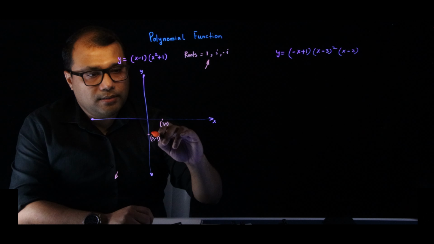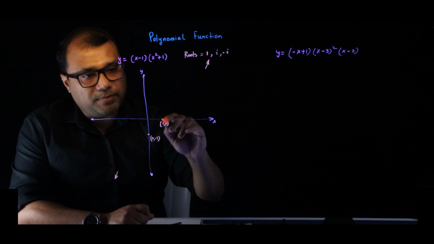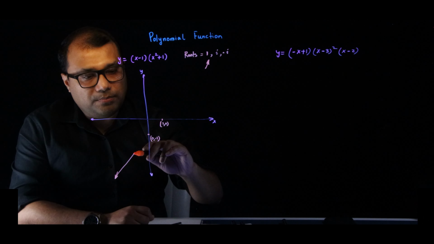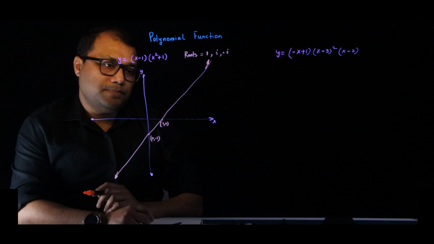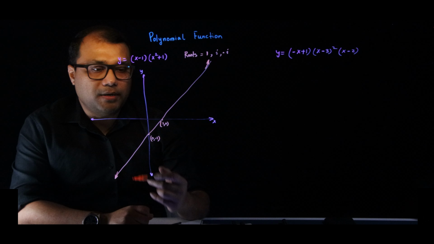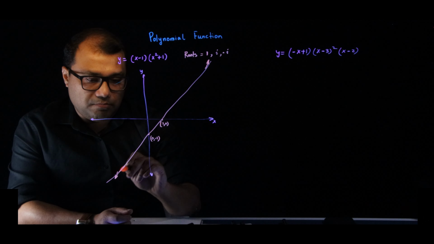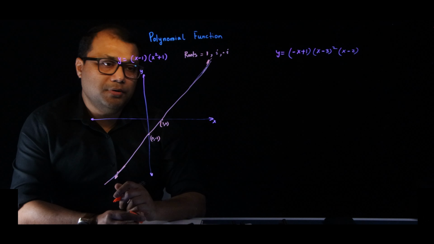It ends here, it ends in here like this, and it passes through these 2 points. So I think the only way you can do this is this. It looks like a straight line, but actually this is a curved line, and maybe we can put a little bit of curve here. It isn't a straight line for sure.